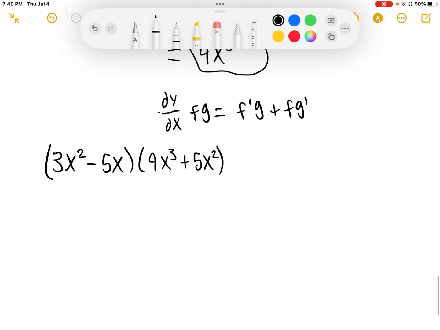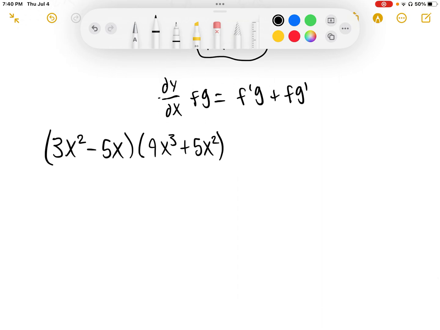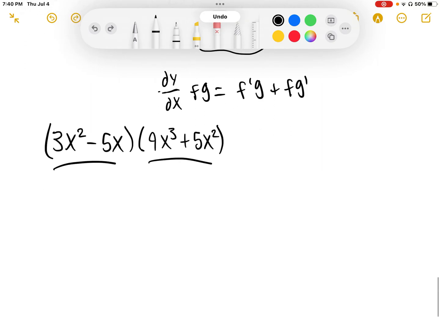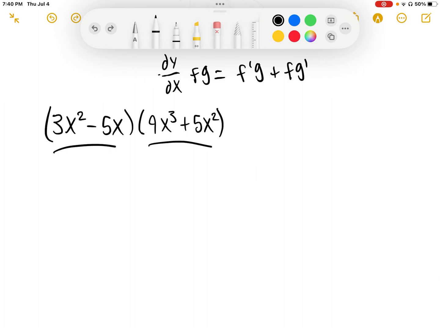But instead, we're going to do the product rule, and we're going to take the derivative of this, the derivative of this, and plug it into our handy formula, and then we'll multiply everything out. So starting off, we'll label this one f, this one g, so f equals 3x squared minus 5x. Let's just take f prime first.